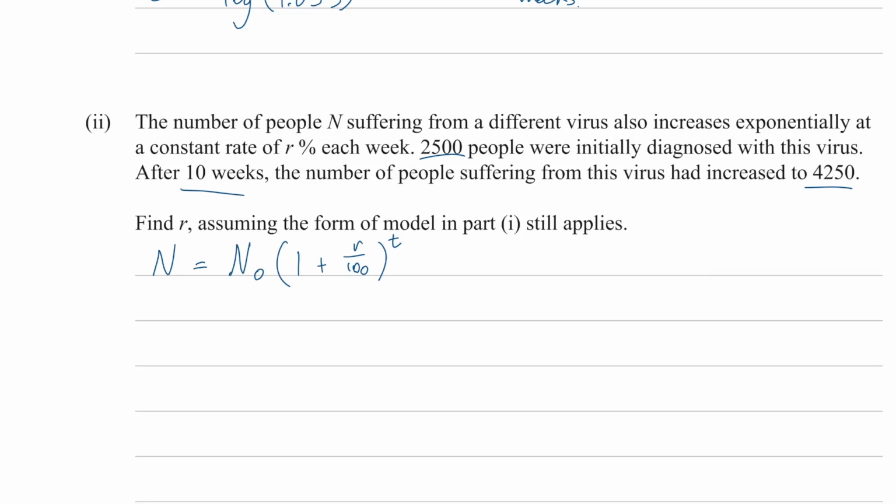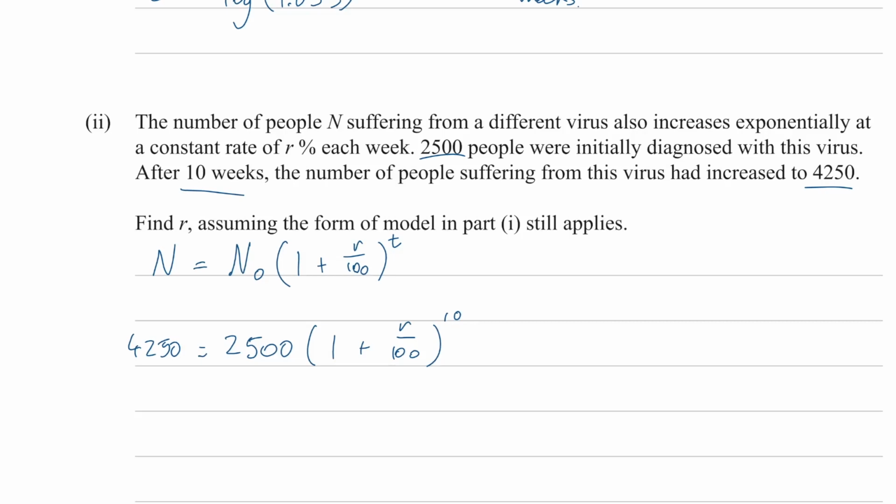So what we're given is the initial amount was 2,500. We're given that 4,250 people were infected when it was at 10 weeks, so to the power of 10. So now we have an equation with one unknown, so we can now solve for the rate.